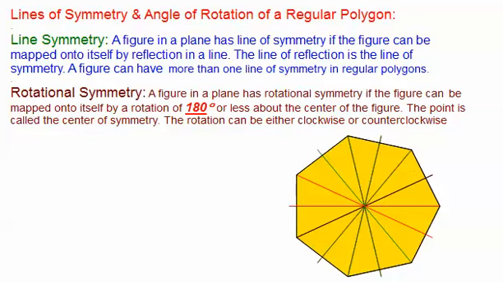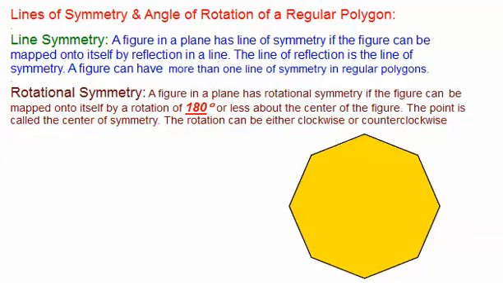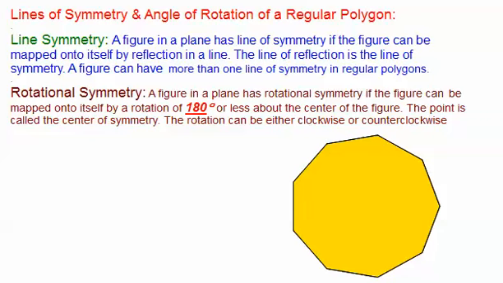So you have 7. We can have as many lines of reflection as the number of sides increases, like 8, 9, 10, 11. We can count all of those and find the number of lines of symmetry.